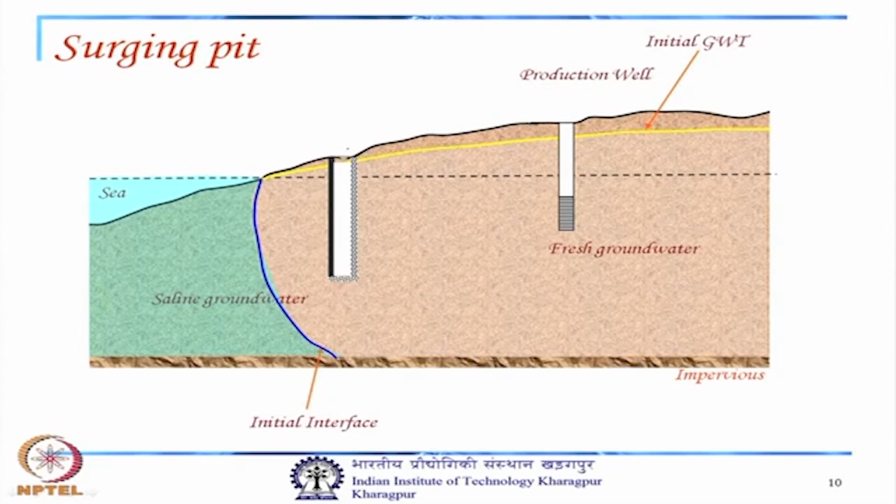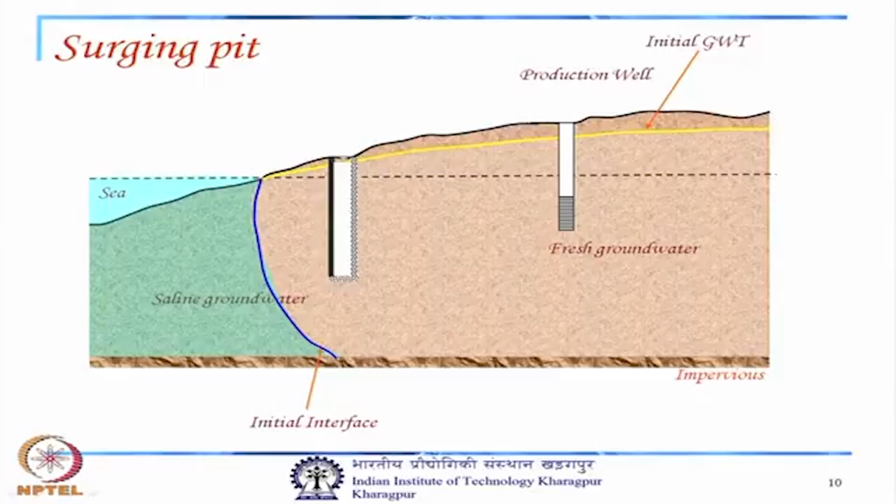Then another one is the surging pit. So, surging pit, this wall is basically impermeable, and these two walls are permeable walls, and water is filled in this surging pit and it is just parallel to the coast.